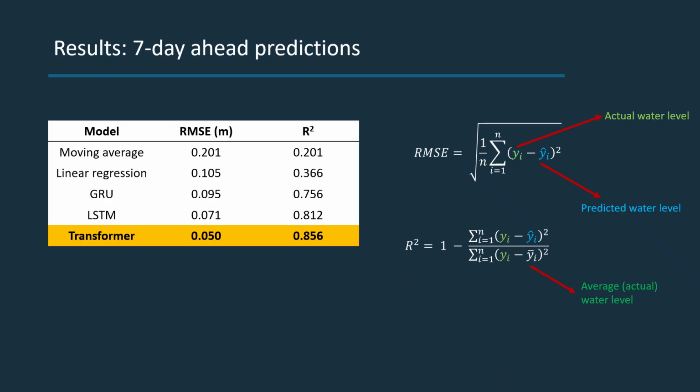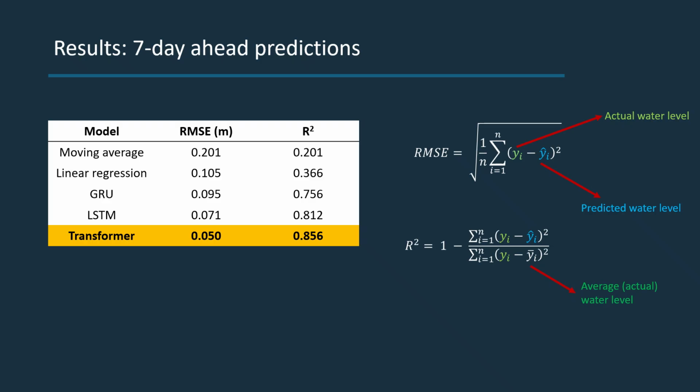It consists of terms including the difference between the actual water level and the predicted water level. In the case of RMSE, the lower the value, the better the prediction. And in the case of R-square, the closer it is to 1, the better the prediction.